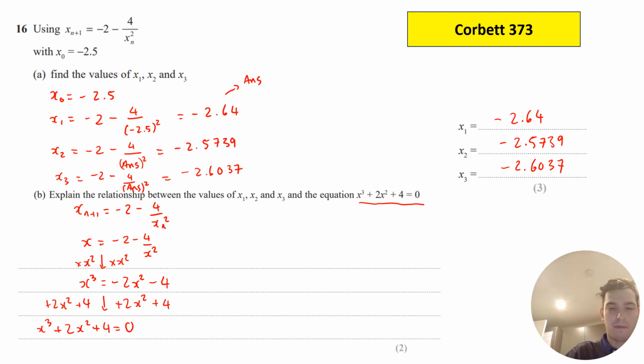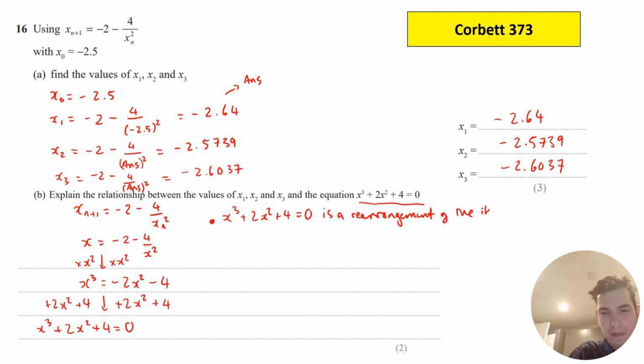So that's what I'm going to write down. I'm going to say, first of all, that x cubed plus 2x squared plus 4 equals 0 is a rearrangement of the iteration formula.